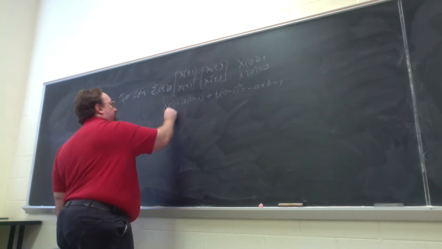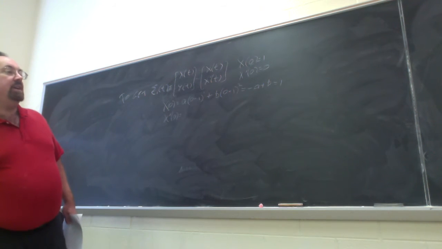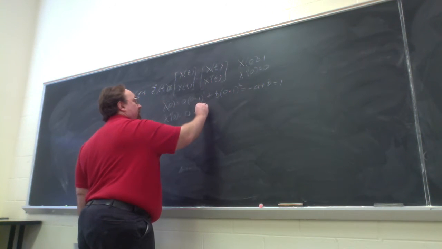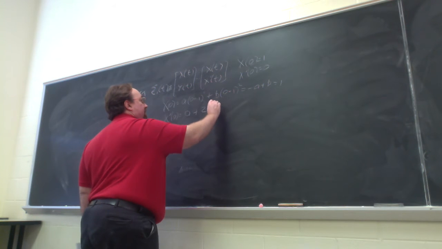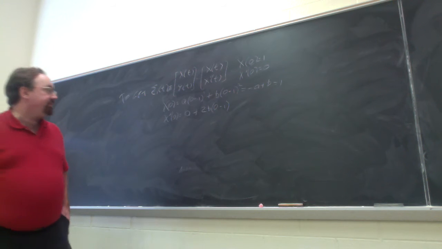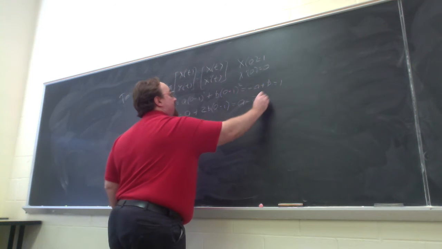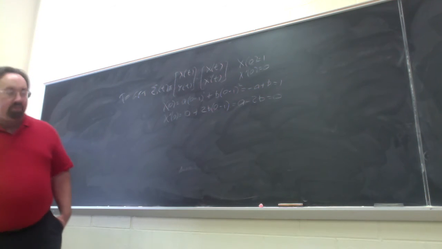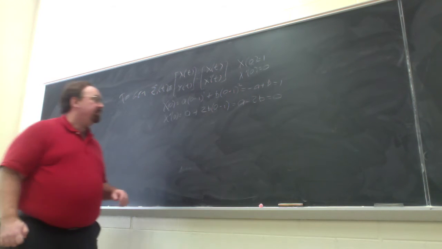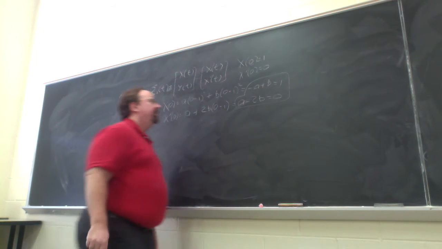And then x prime of 0 is a plus 2b times t minus 1, so that's 0 minus 1. If we simplify that, that's just a minus 2b, and that needs to be 0. So now we just need to solve this system of two linear equations in two unknowns.